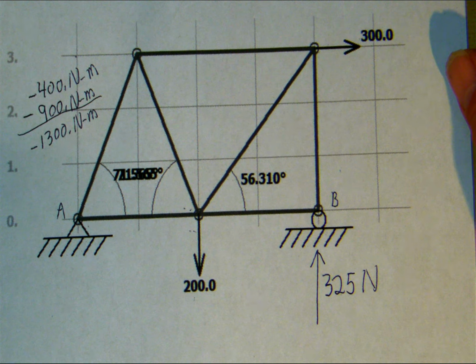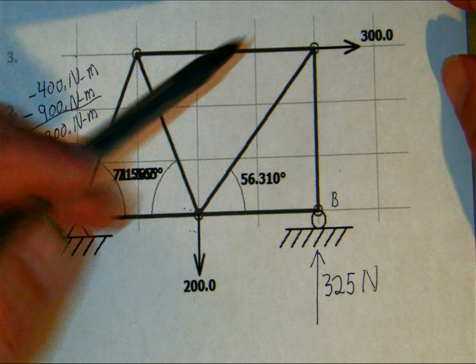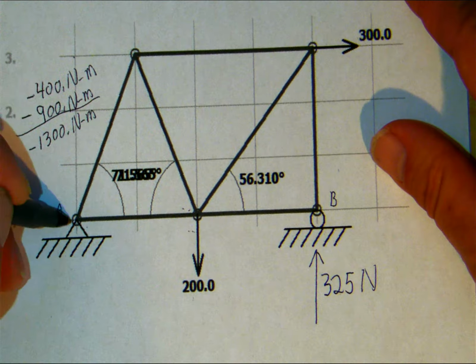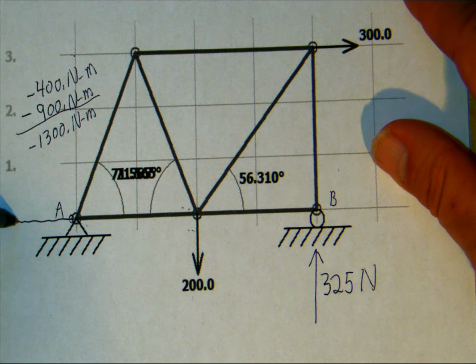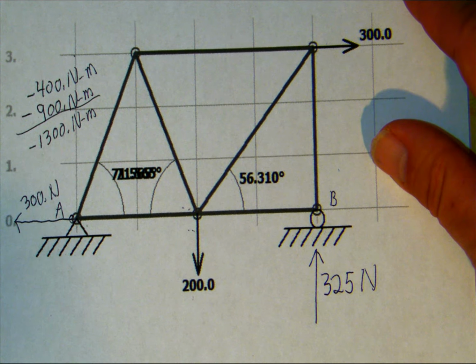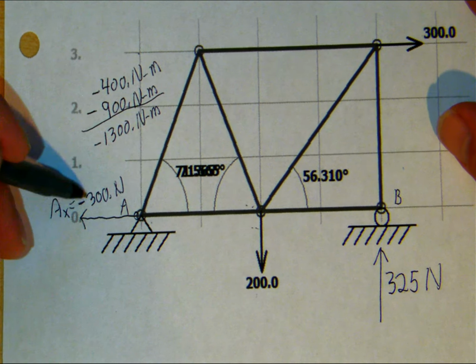The sum of all the forces in the horizontal direction has to add up to 0. So if 300 newtons is pulling the structure to the right, then the reaction force at A must be pulling 300 newtons to the left. So the reaction force at A is, I'm going to use a minus sign to show that it's to the left, minus 300 newtons.